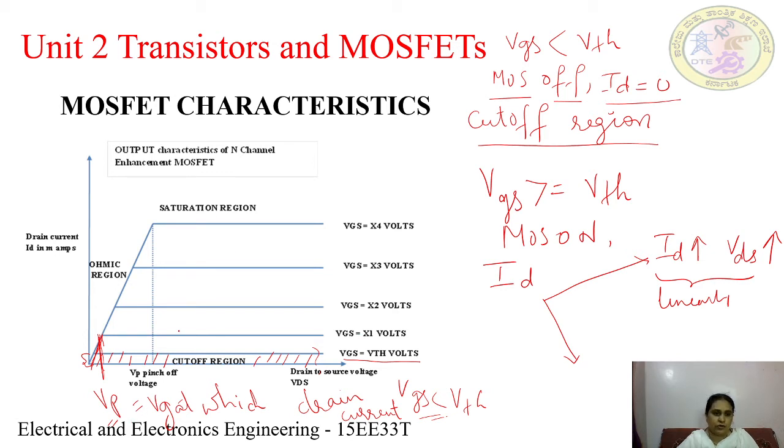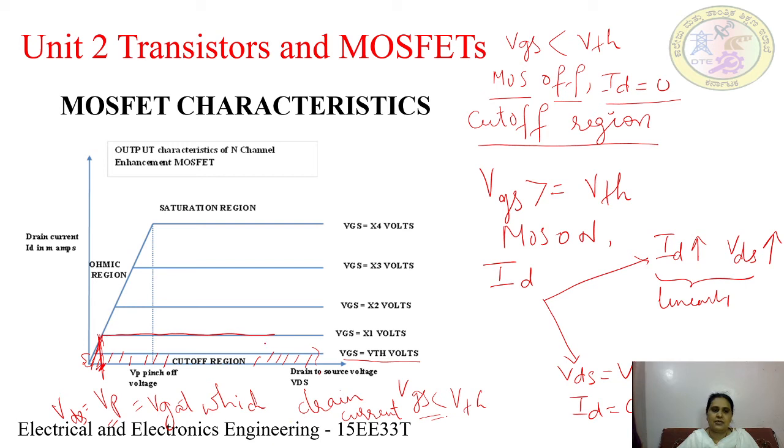So at a point where VDS is equal to VP, this is the value of VDS where it has reached VP. After that the drain current remains constant. So after the value of VDS equal to VP, the drain current becomes constant.